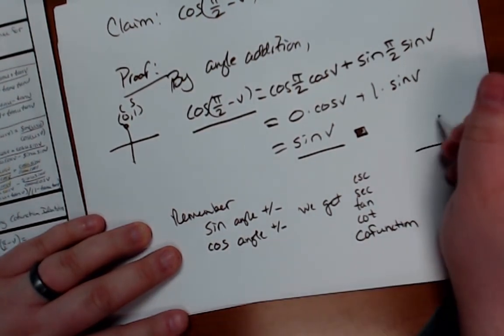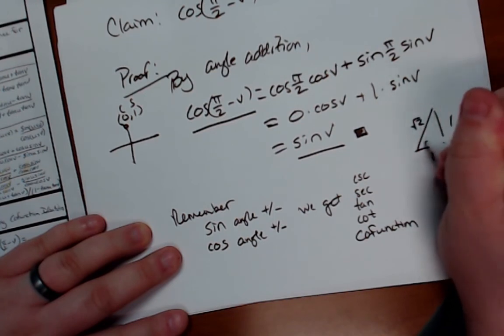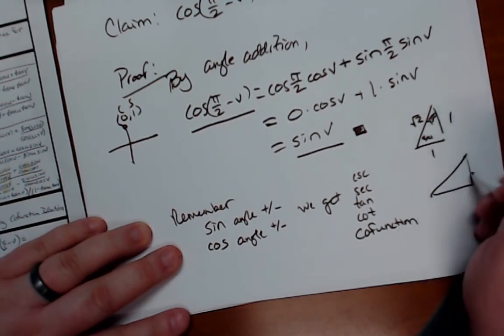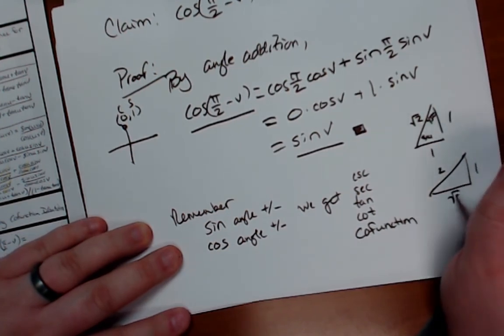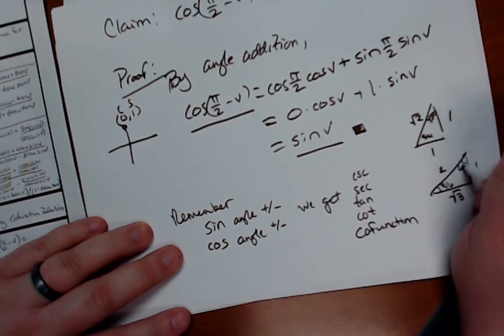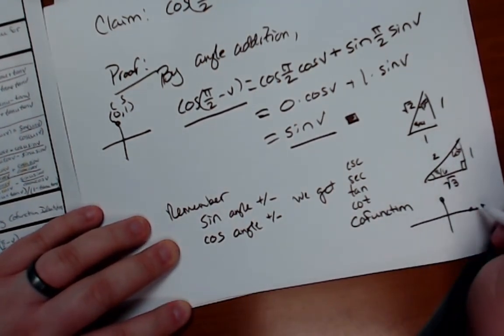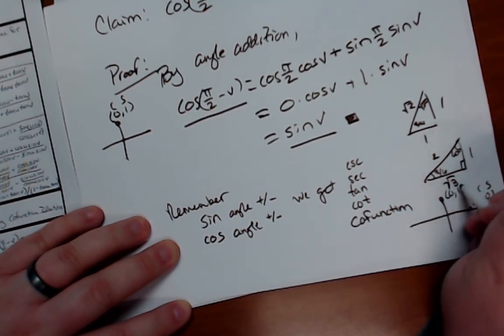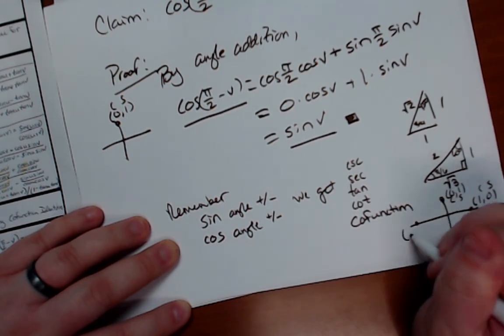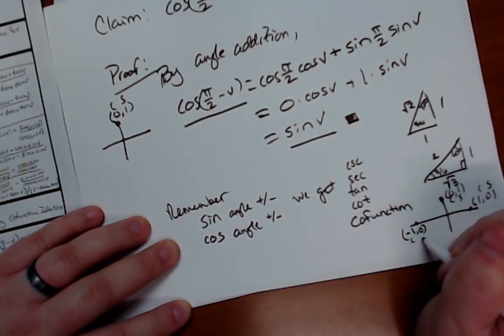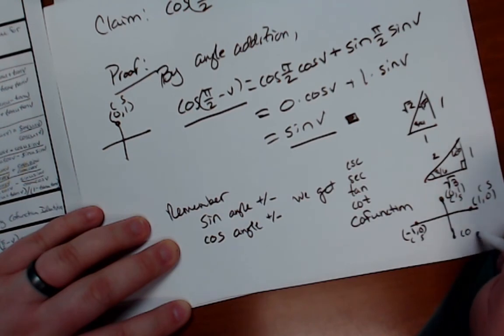As long as we can remember our 2 special triangles, our 1, 1, root 2, which is our pi over 4 or 45 degrees, or our 1, 2, root 3 triangle, which is our pi over 6 or 60 degree right triangle, and our 4 important points on our unit circle: 1, 0; 0, 1; negative 1, 0; 0, negative 1, as cosine, sine.